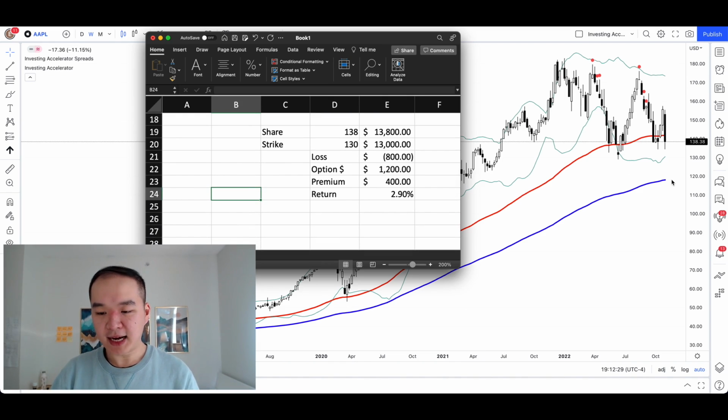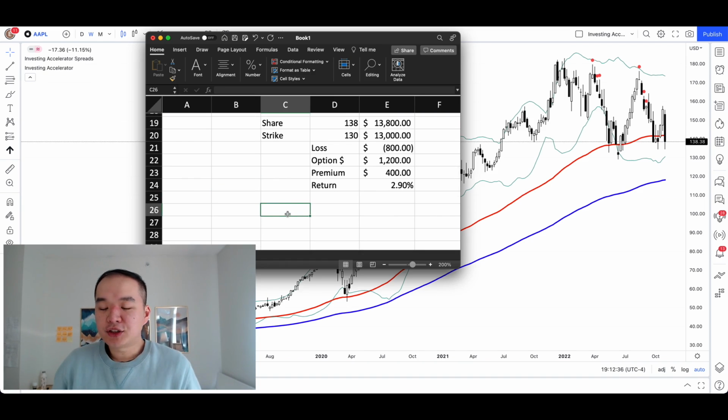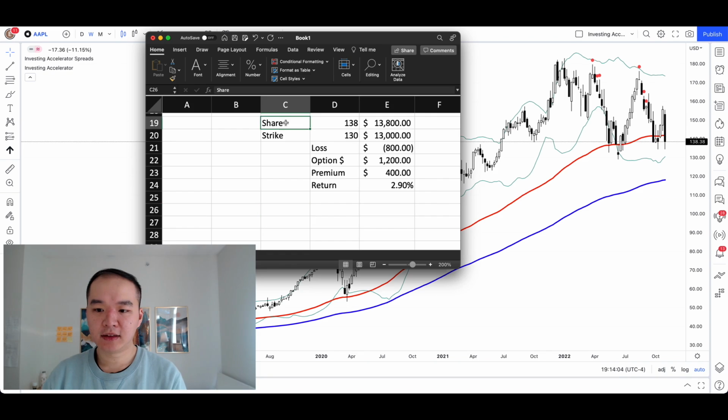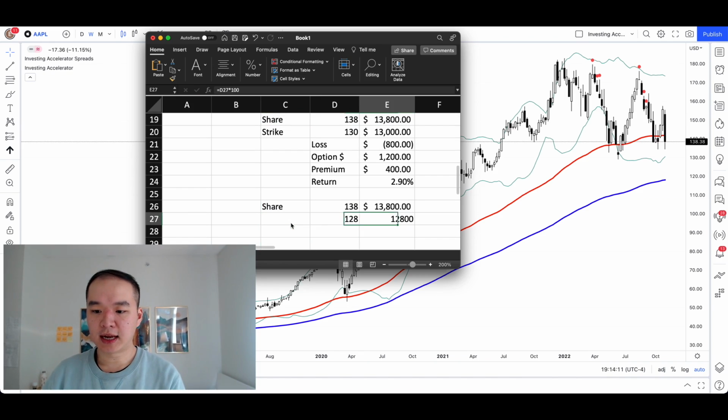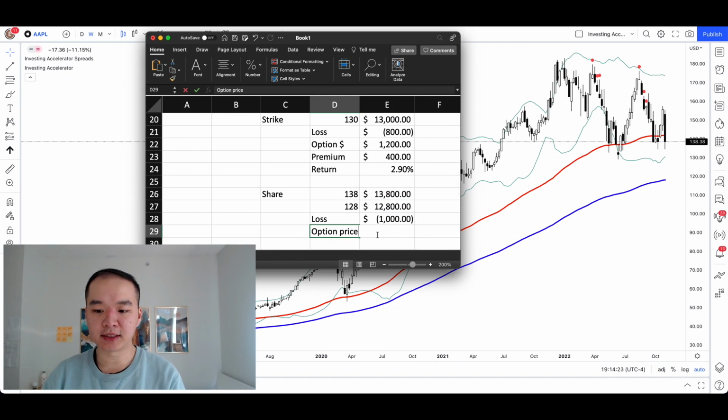But if it drops past a certain point, then you will start to lose money, and that level will be a lot lower. So let's calculate how much Apple needs to drop in order for you to start losing money. Let's say the share price is going to be 128 when you exit. So then at this point, your loss here will be 1,000, but then your option price or gain is still 1,200.